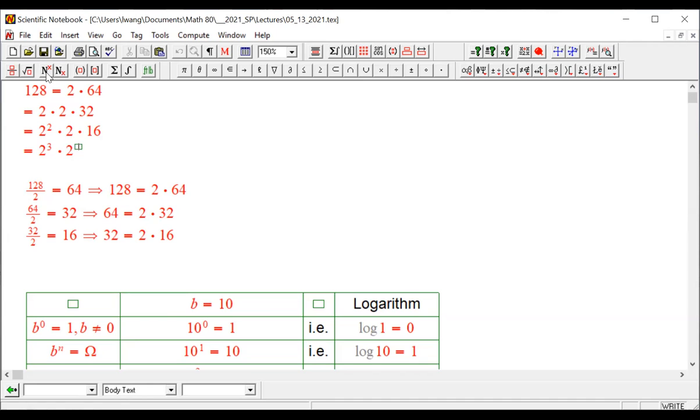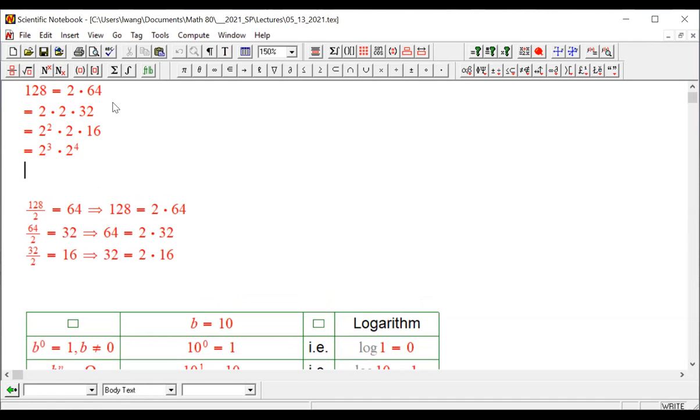Do you agree? So in the end, what do we get? 2 to the power what? 2 to the power 7 multiplied by 2 to the power 4.